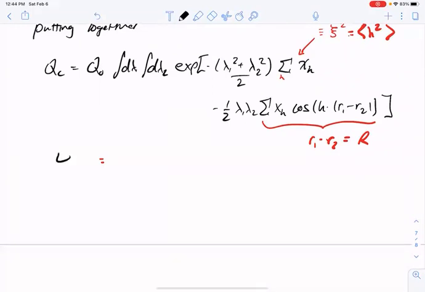Let's define some function psi of R weighted by c squared as this Fourier transform.